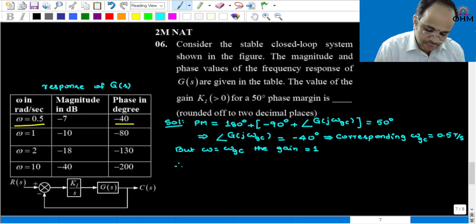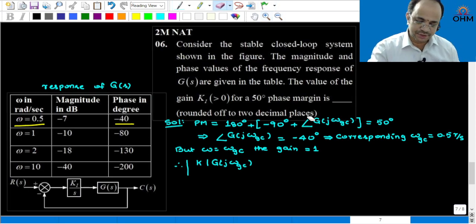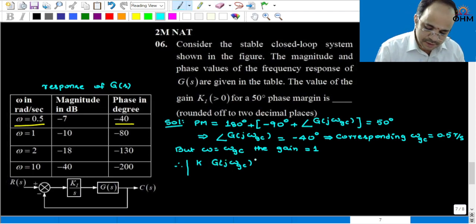Therefore, how can I write down here, magnitude of K into G of j omega GC divided by omega GC is equal to 1, right?